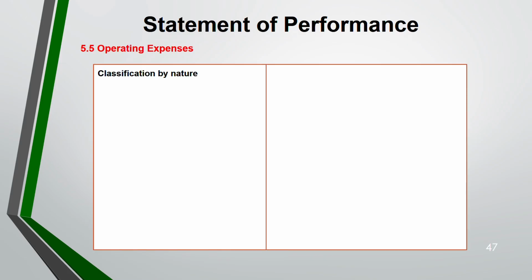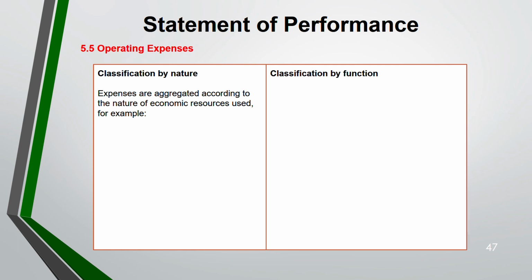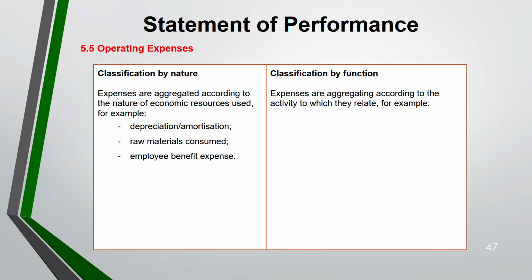Now, classification by nature we'll see, and classification by function we'll see. In classification by nature, we aggregate the expenses according to the nature of economic resources used. For example, depreciation, amortization, raw materials consumed, employee benefit expense. Under function, we aggregate expenses based on the activity to which they relate. For example, cost of sales, selling expense, general and admin expense.